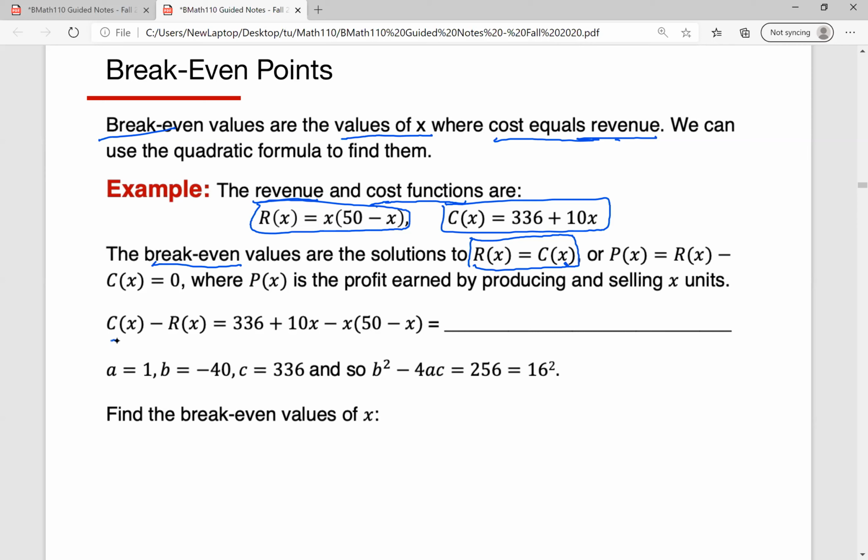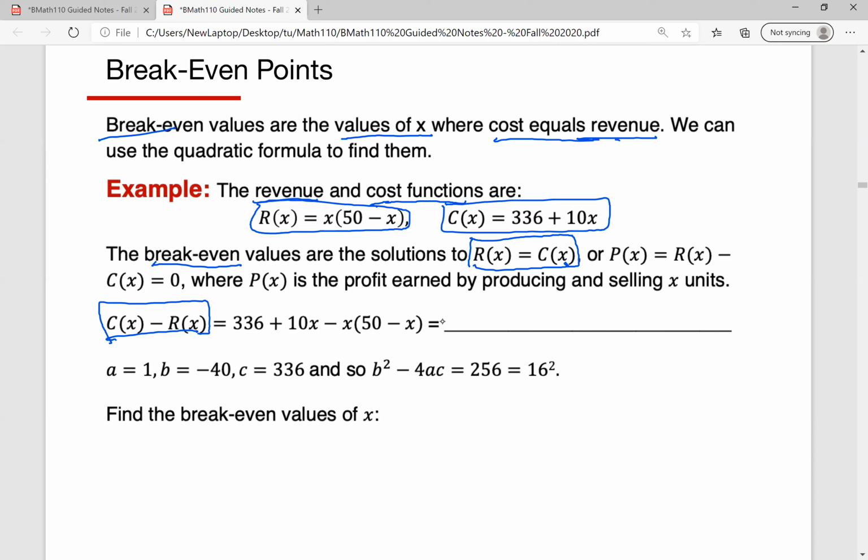So that means we have Cx minus Rx will be equal to 336 plus 10x minus x times 50 minus x.